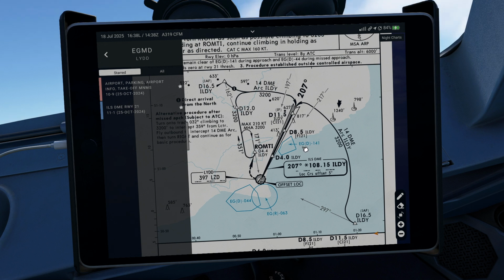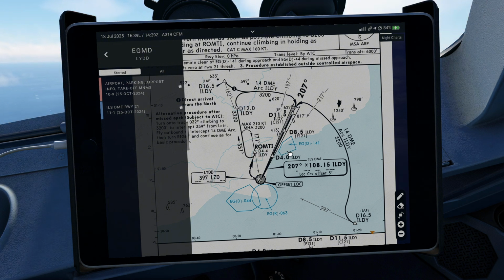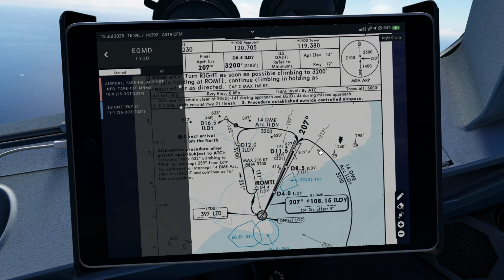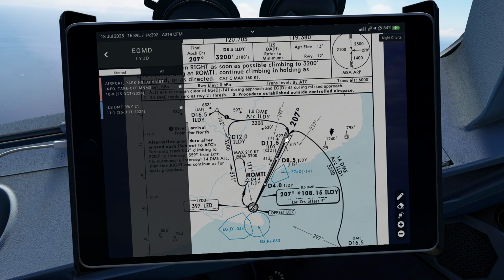But there is an area with the name of Echo Golf Delta -141, which is a danger area, located here. Due to this area, designers had to design this approach with the 5 degrees angle on the final of runway 21 down to the runway, just because of this danger area with the Echo Golf Delta 141 title.